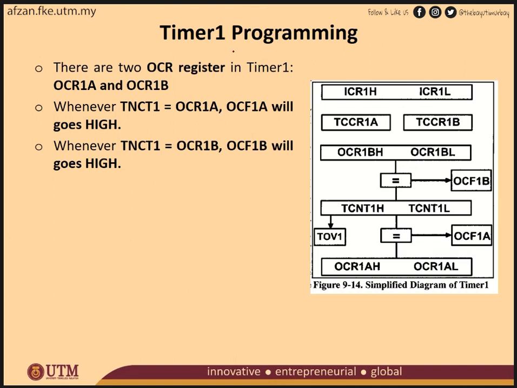Since this timer 1 is a 16-bit timer, if you are going to use CTC mode, you have two OCR registers. First we call it OCR1A, and the second one we call it OCR1B.